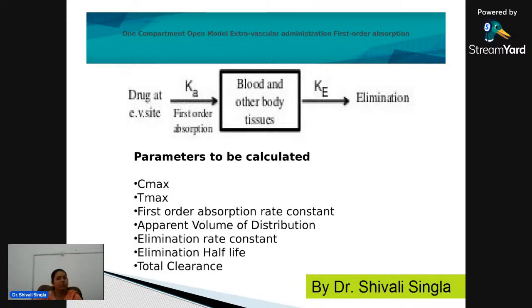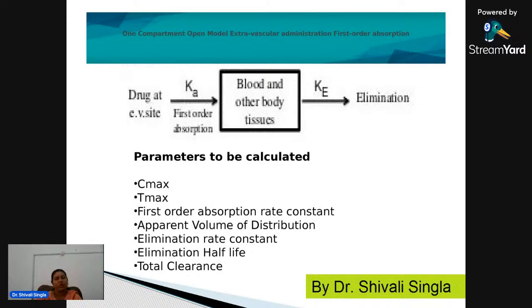Next one is one compartment open model extravascular administration, but it is the time for first order absorption. Most probably drugs go into this model because all the drugs which we take by conventional route, that is oral route, tablet, capsule, granules, any other pill, go into this model. Here the drug at the extravascular site gets into the blood by first order absorption process.